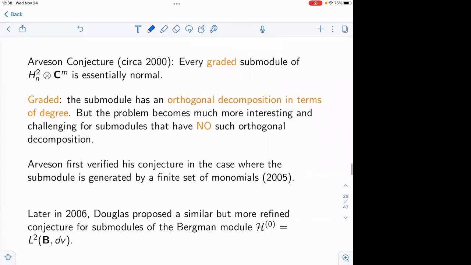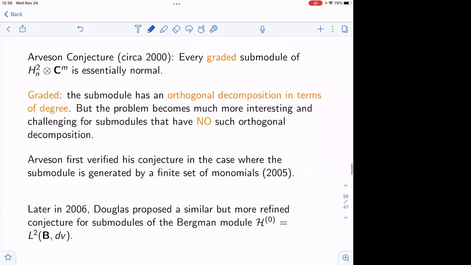In about the year 2000, Arveson proposed this conjecture, which says that every graded submodule of H^2_n tensor C^m is essentially normal. Graded simply means that you have an internal orthogonal decomposition for the submodule in terms of the degree of polynomials.